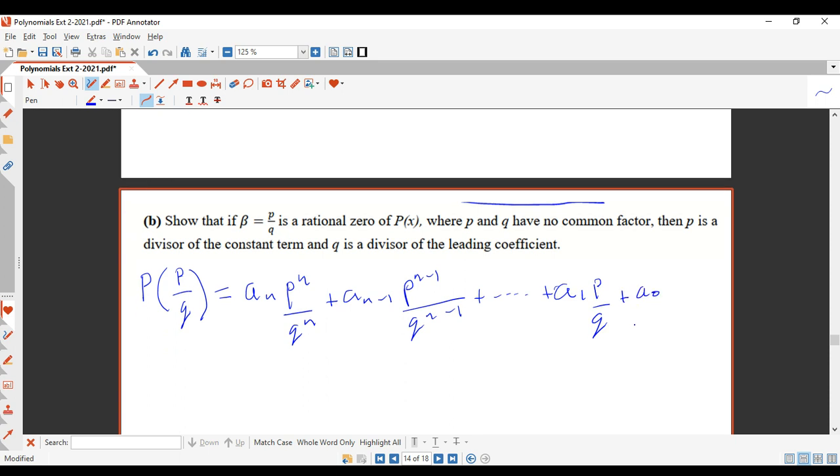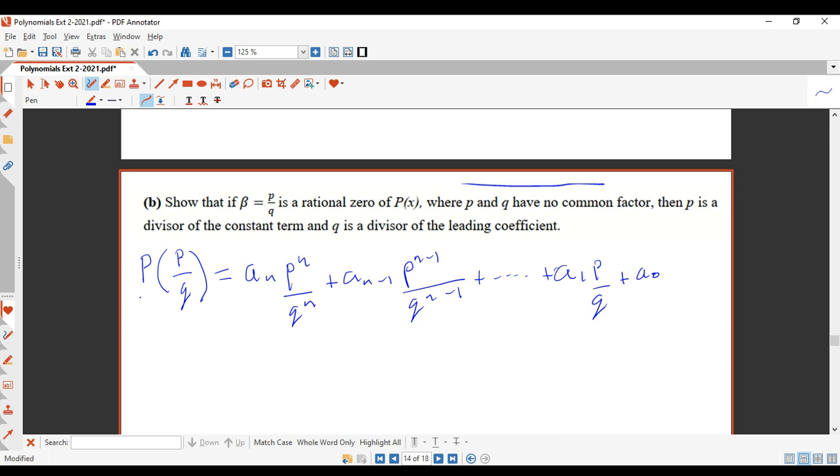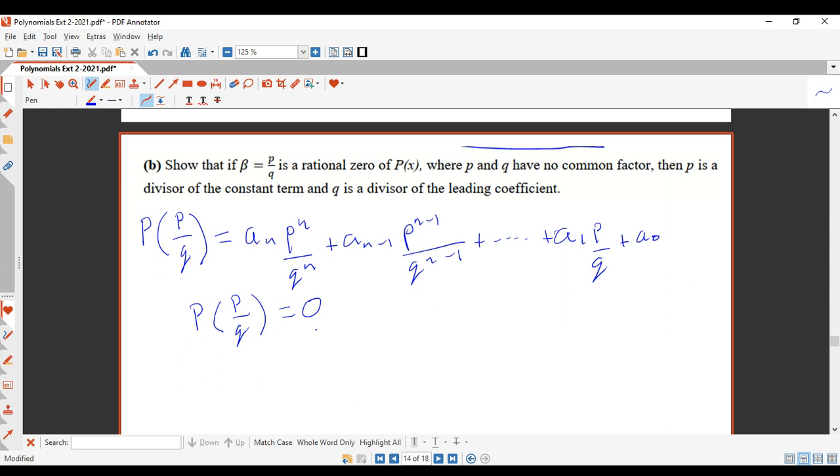Okay. Now, what do we know? We know that this is a rational zero. p over q is a rational zero, so we can say that P of p over q is equal to 0. That means 0 is equal to this whole thing, isn't it? So rather than writing it out again, what if I just put equals 0 here on the end? Because we know that's true, which means I can rub this out.